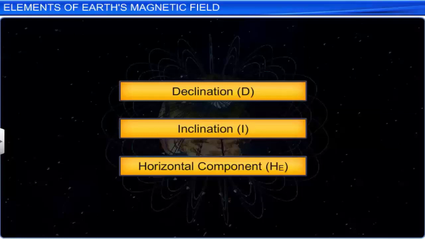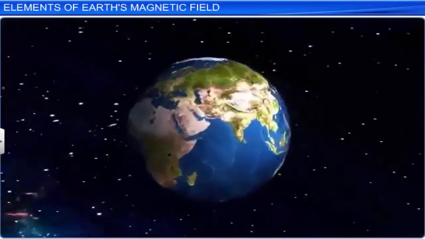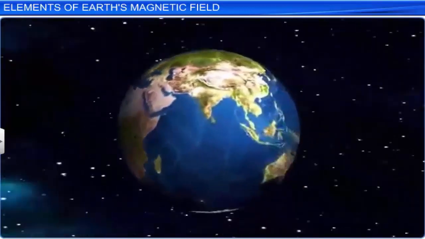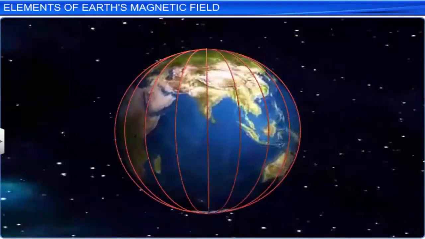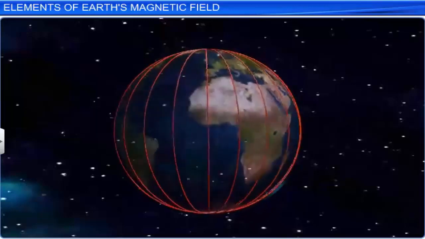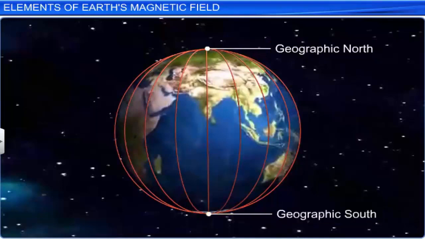First, the declination. We all know that the Earth is spherical in shape. On this spherical surface, we can draw an infinite number of imaginary circles passing through the Earth's geographical north and south poles. All these circles have one common diameter, which is the line joining the geographical north and south poles, or the Earth's axis of rotation.